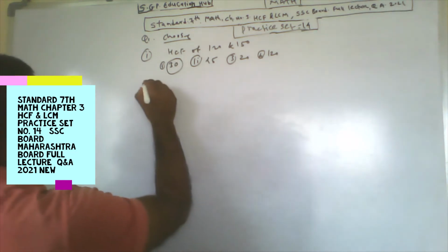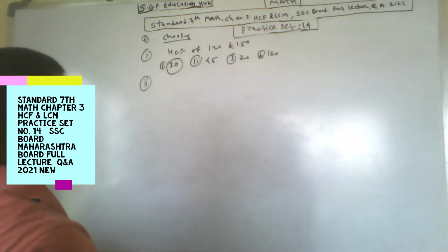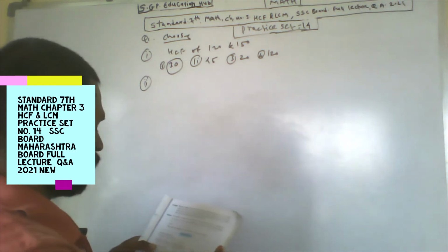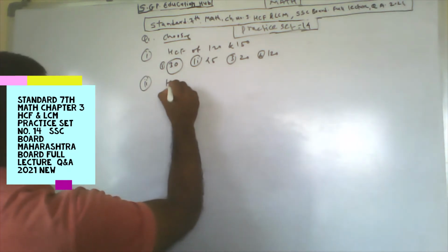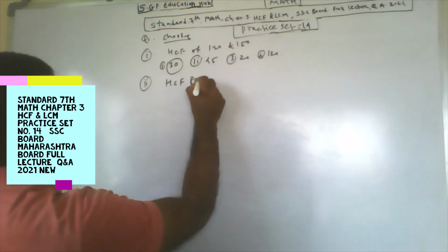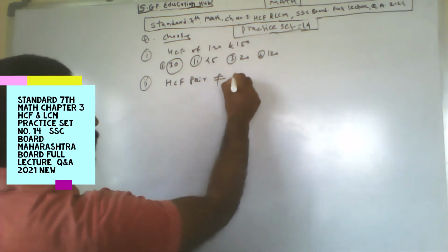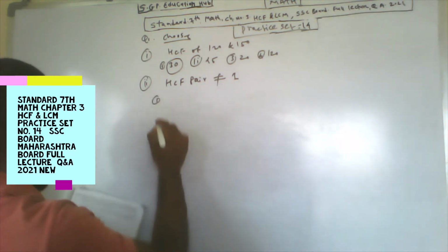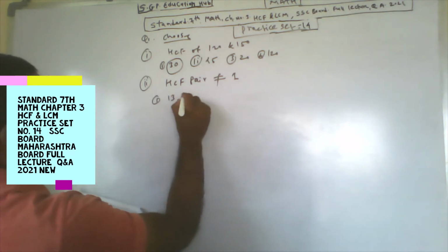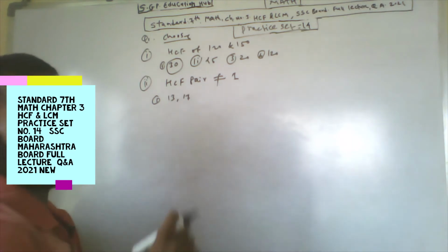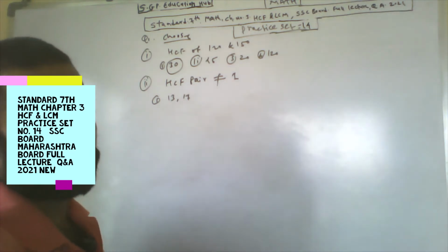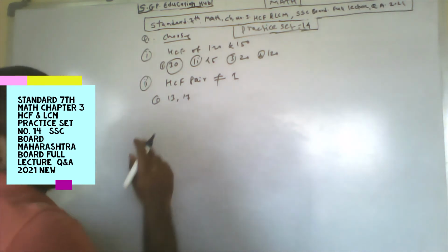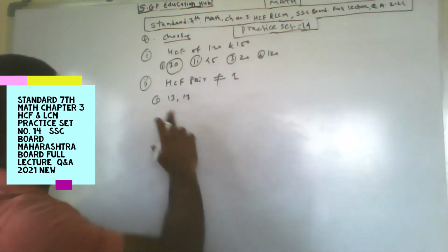Now the second question: find out the pair whose HCF is not equal to 1. The options are: number 1, 13 and 17.